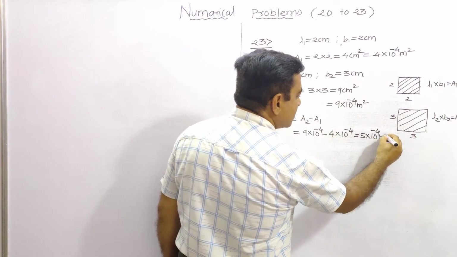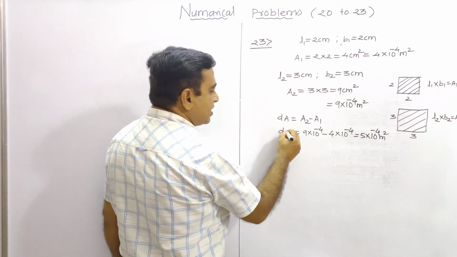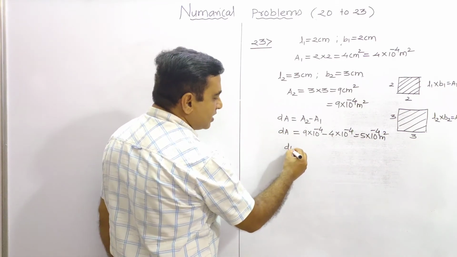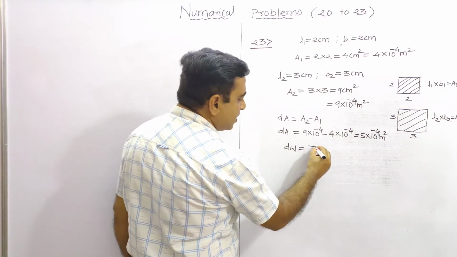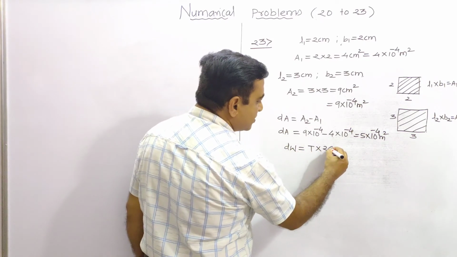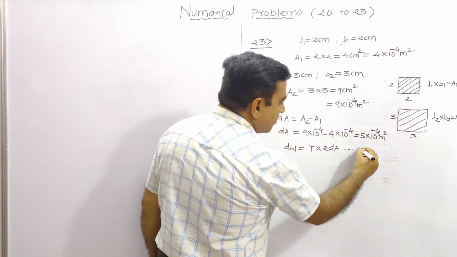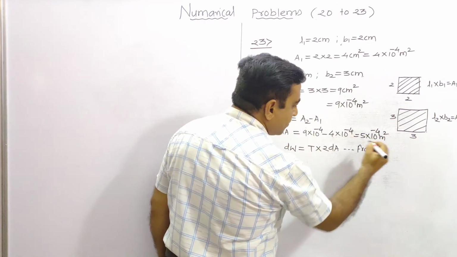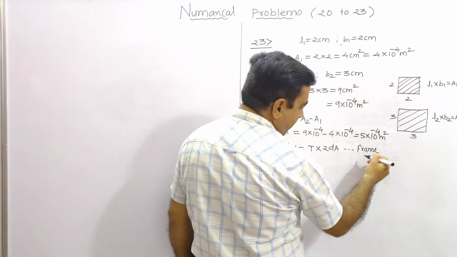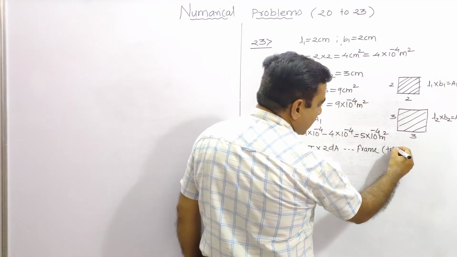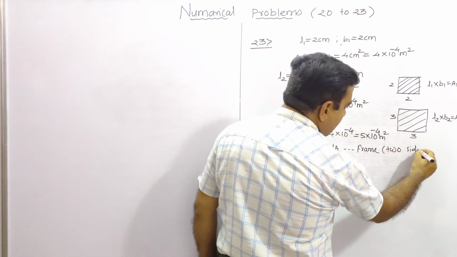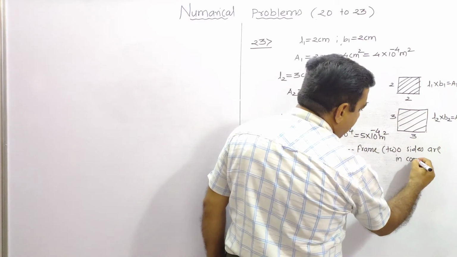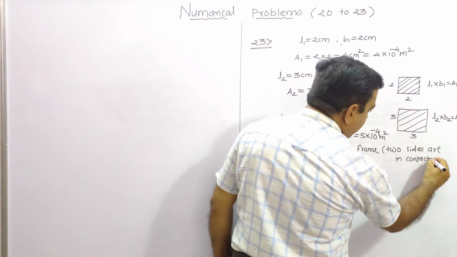Here, the change in the area, that is dA. But now we need the formula, that is the general formula, T into twice dA. Why? Because in the frame two sides are in contact with the air.